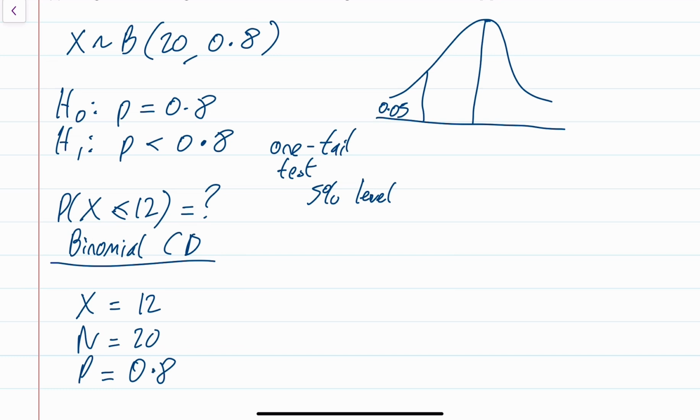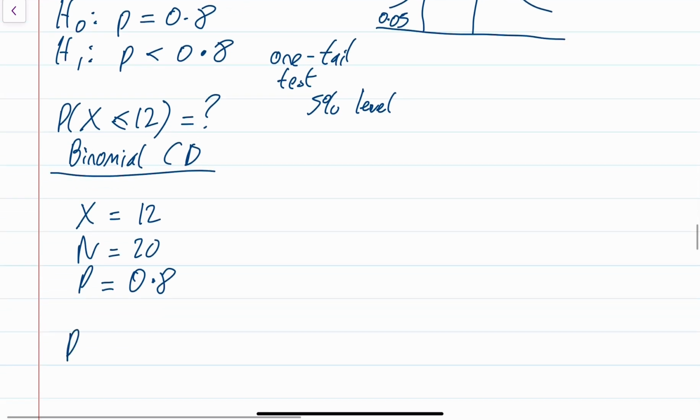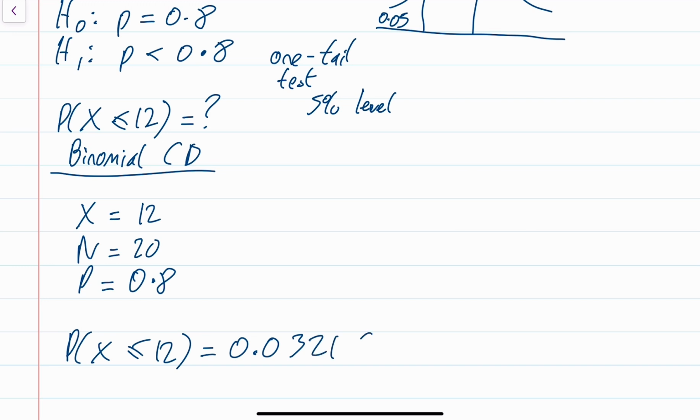Fire those in and see what we get. So 12, 20, 0.8. Press equals, and I have worked out that the probability X is less than or equal to 12 is equal to 0.0321 to 3 sig figs.